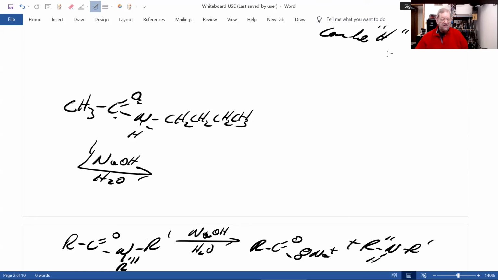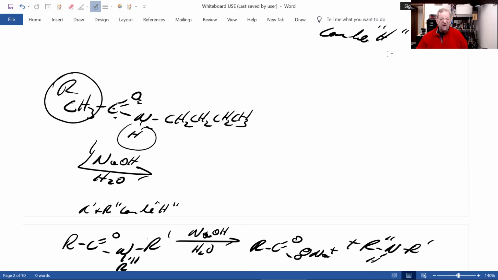And remember, R prime and R double prime can be hydrogen. If we look here, I'll call that R. Keep your eye on the carbonyl carbon. And one of these I'll call R prime and the other R double prime. And therefore, I'll look at the first thing.